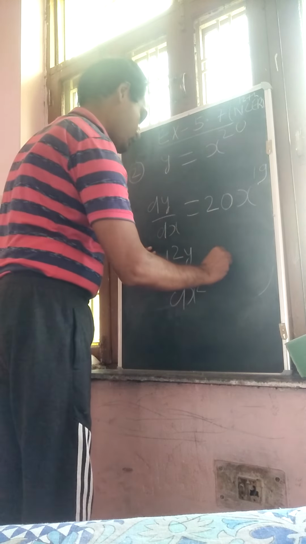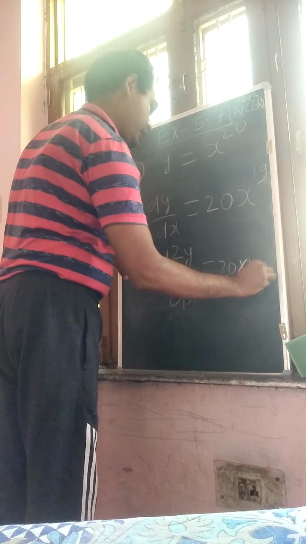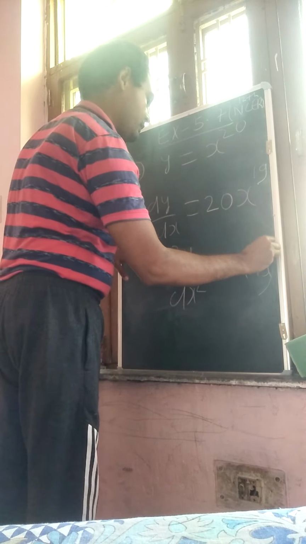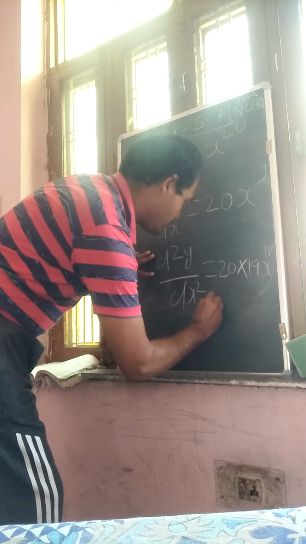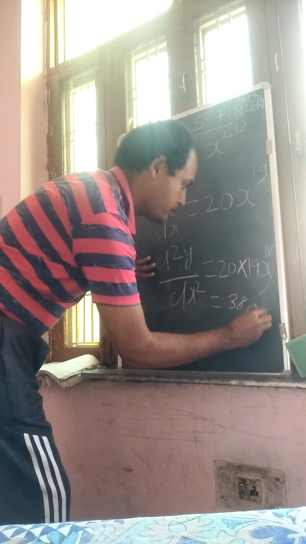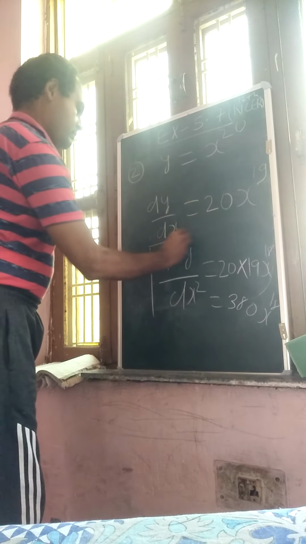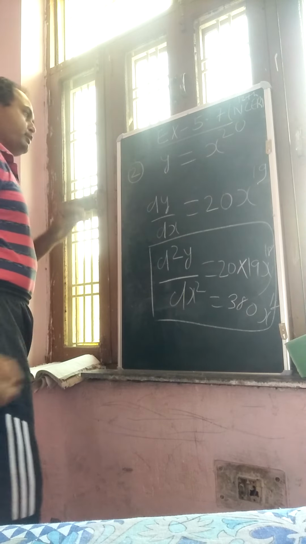It is also easy: 20 times 19 is the formula, and x to the power 19 minus 1, which is 18. 20 into 19 is 380, so 380x to the power 18. This is the second derivative.